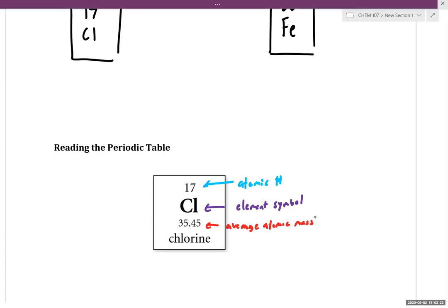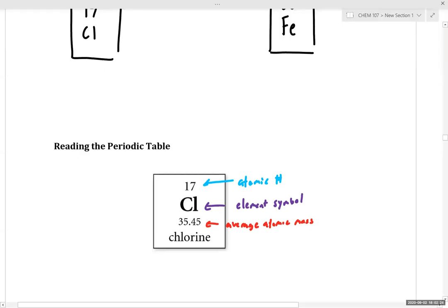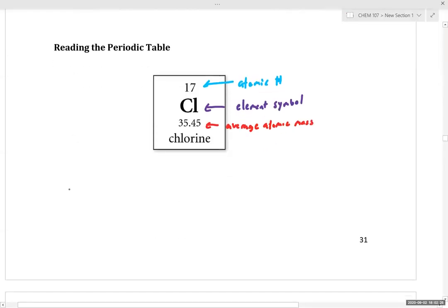Now, one thing that I do want everyone to be aware of is that we can work in reverse. We can go from the number of protons to the atomic symbol.